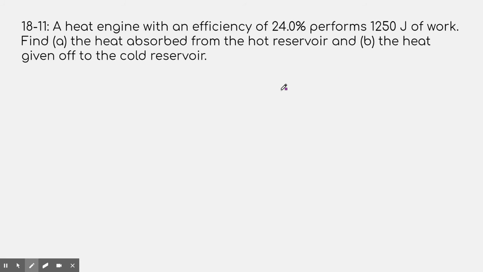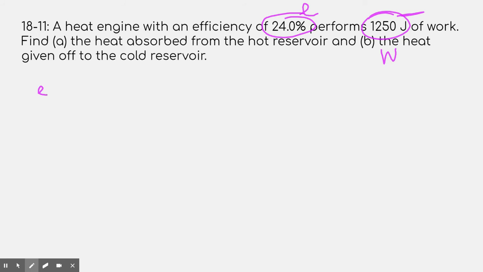To do this, let's think about what we have. We were given the efficiency and we were given the work. This is our work, and that's our efficiency. If you take a look at your formula chart, we actually have a formula that relates both of these and will allow us to find QH, the heat from the hot reservoir.